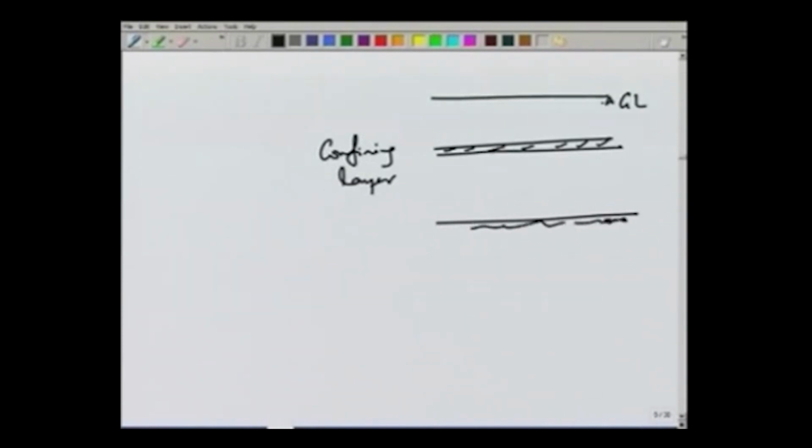So, in this confined aquifer, we can look at an elementary volume and see how the head change affects the amount of storage and the amount of water which is coming in, and then by balancing these two we can derive an equation which will tell us how the head is changing with time and space. So, the spatial and temporal variation of the head can be obtained by the continuity equation.